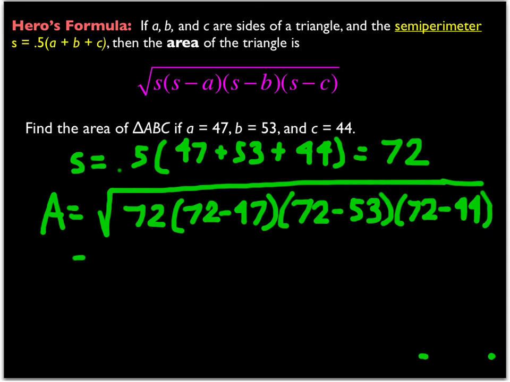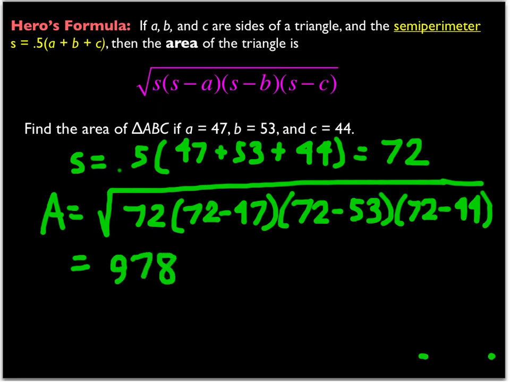And when I calculate all this out, again, you can kind of verify this yourself, I do get 978.6 square units because this is an area. So that's a bit of a variation or an offshoot of that law of cosines that helps me find the area of that particular triangle.